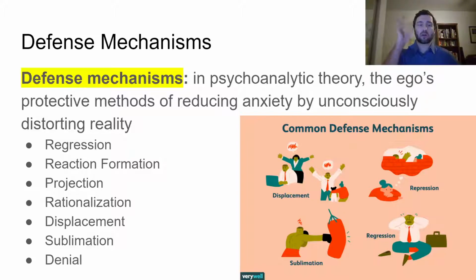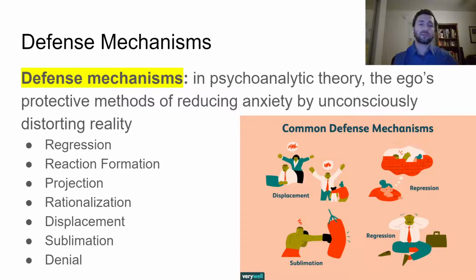Our ego, our conscious mind, is trying to protect us from things that make us anxious. You could think of them as stressors if you want to think about stress. So it's trying to reduce anxiety from a bunch of different negative things by distorting reality. All of these are going to have to do with distorting reality a little bit.